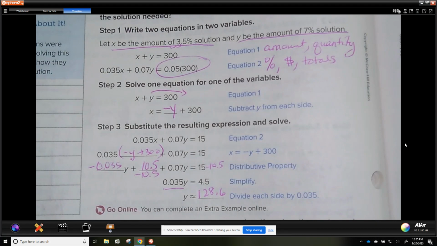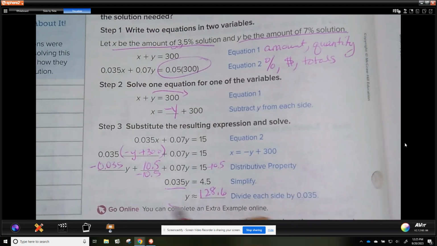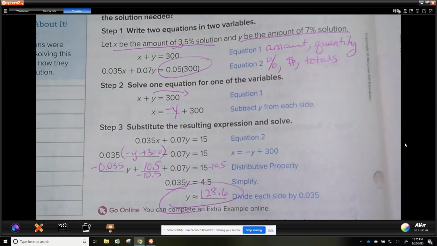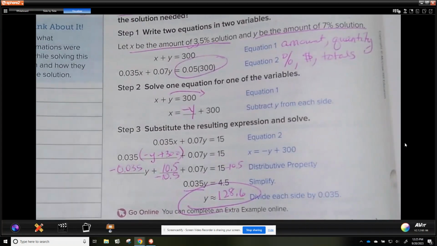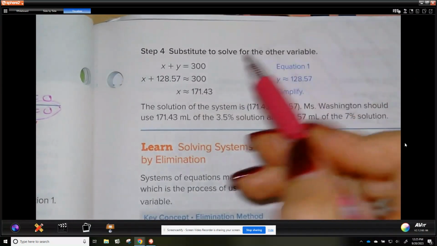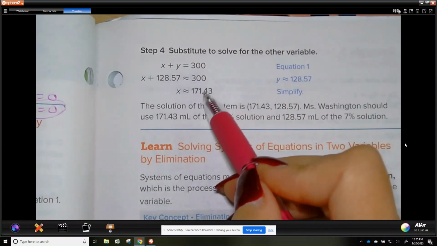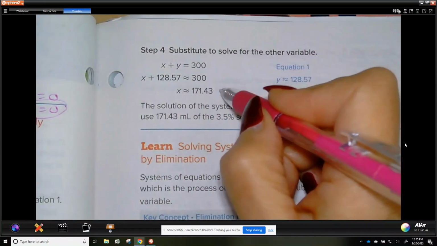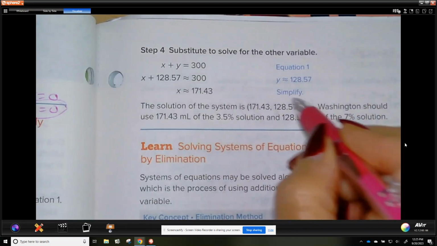Does it say how to write the solution? No. Sometimes it says tenths or hundredths. So this is our y value. This is how much of the 7% solution we are going to be using. Then they plug that in to, or subtract it from 300 because we know we're going to have 300 milliliters. So this is the amount of the 3.5% solution.